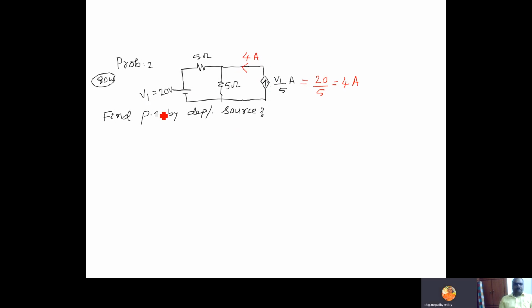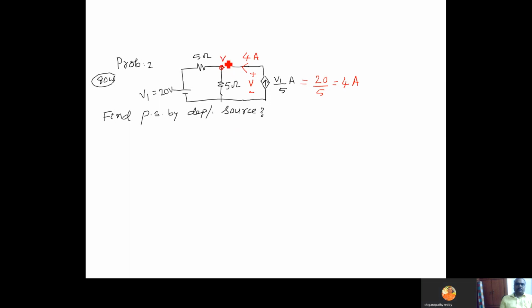This source is 20. Now find power supplied by the dependent source. To answer this one, what should we know? Voltage. If voltage is known, voltage into current will give power, and following the sign convention it is decided whether plus or minus. So first you have to find this V. If this is V, what is the voltage here also?